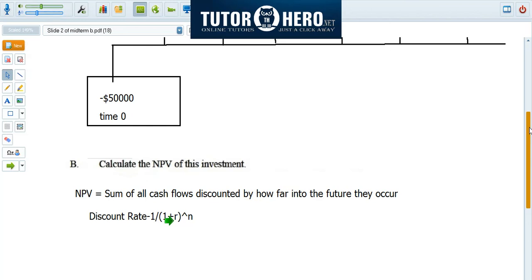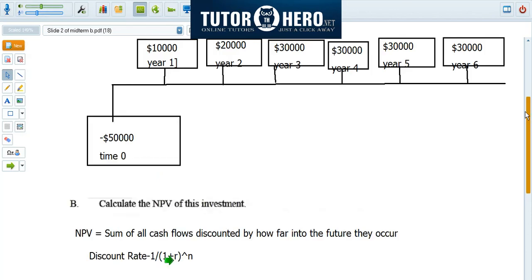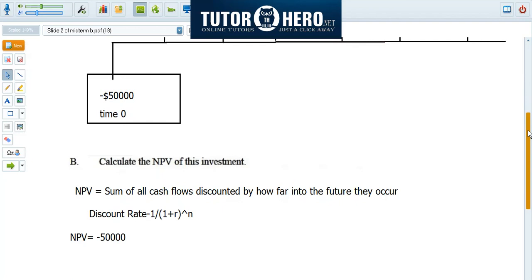So what is the net present value here? Well, basically, you start at time 0 and you go forward. So to start with, what do we have? We have minus 50,000. And how do we discount that? Well, we don't discount it because it's occurring at time 0.